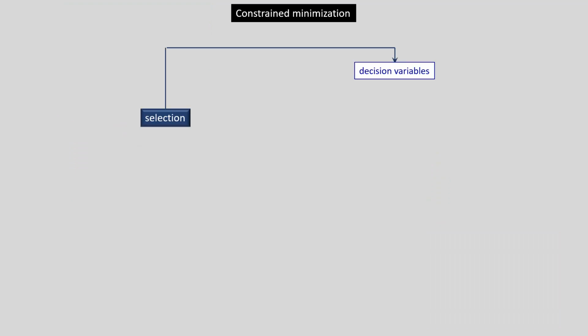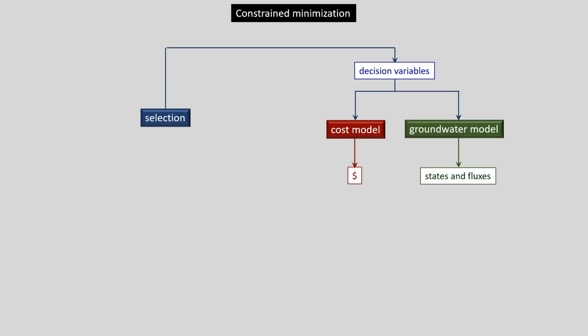So, looking at it a little bit more algorithmically, some way or another a selection is made of the decision variables. A cost model then works out how much the choice of those decision variables costs. A groundwater model calculates what the management outcome of those decision variables is going to be, the states and fluxes.